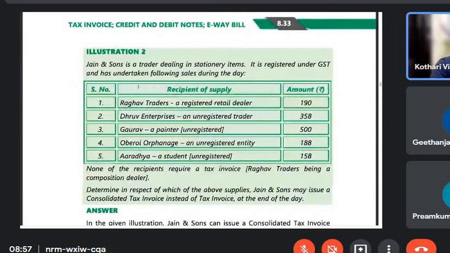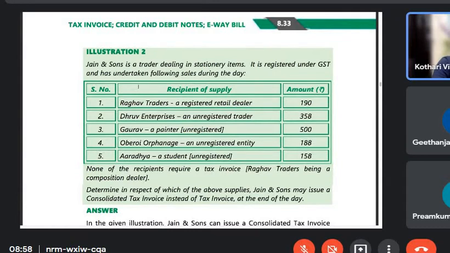Jain and Sons is a trader dealing in stationery items. It is registered under GST and has undertaken the following sales during the year. Raghav Traders, a registered dealer, 190 rupees. So whether invoice has to be issued or not, though less than 200, since it is made to a registered dealer, invoice should be issued.